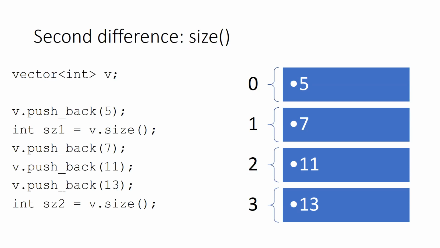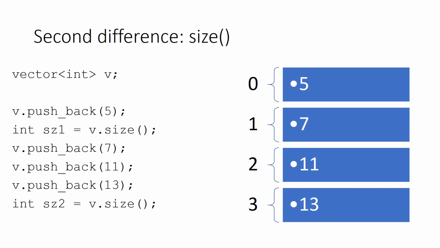So if I had a vector v and I push back 5 in it, and I did int size1 = v.size(), that means I only had one thing in it at the time that line ran. I would only have the number 5 in it. So therefore, size1 will contain one item. Or if I were to push back 7, 11, and 13, then at that point, size is now 4, right?